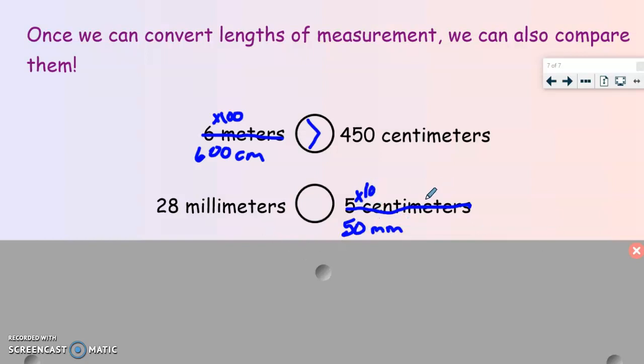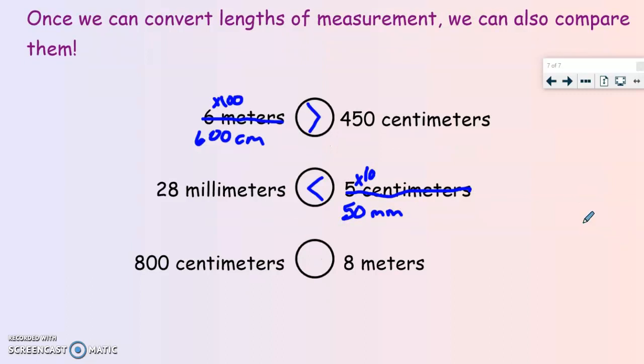And so now I've converted my 5 centimeters into millimeters, and it's a lot easier to compare millimeters to millimeters, right? So now we can see 28 is not as much as we thought it was. It is less than the 50 millimeters or 5 centimeters.